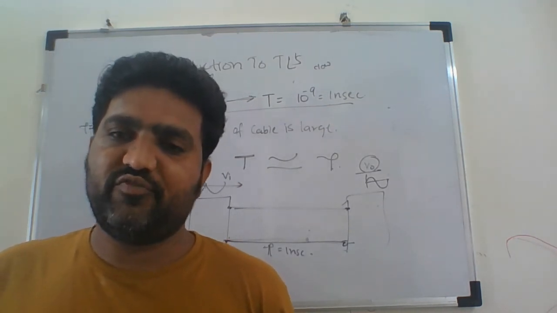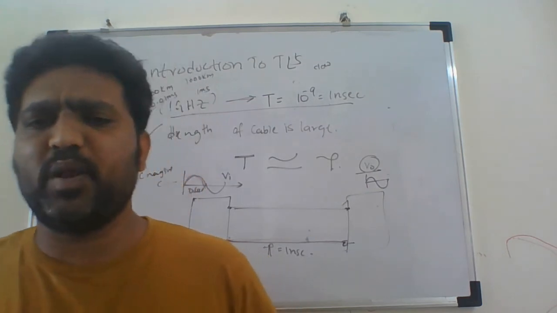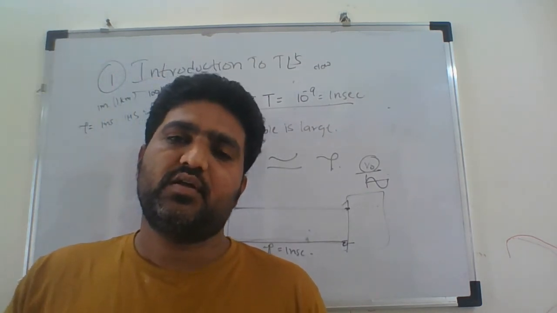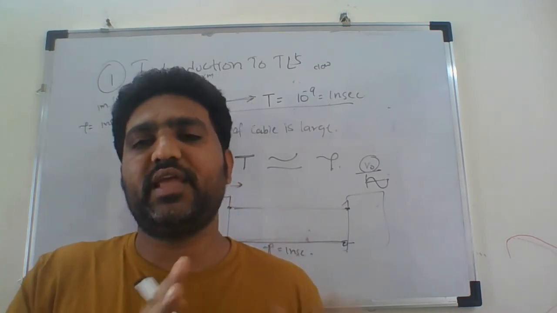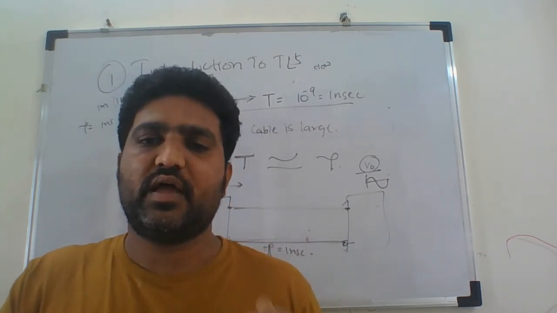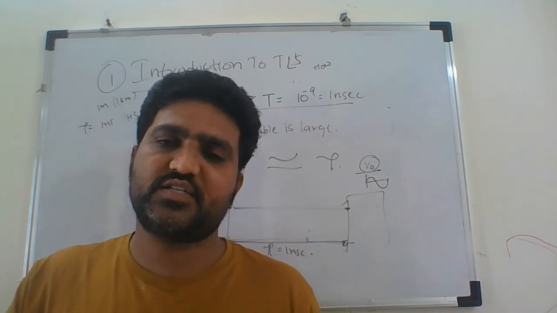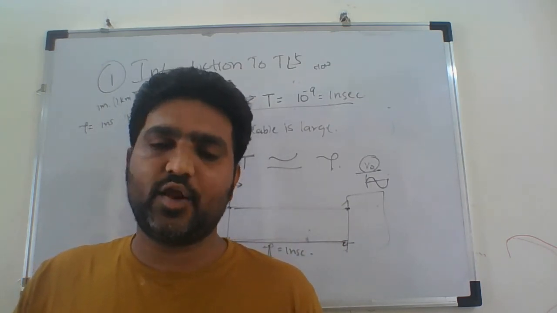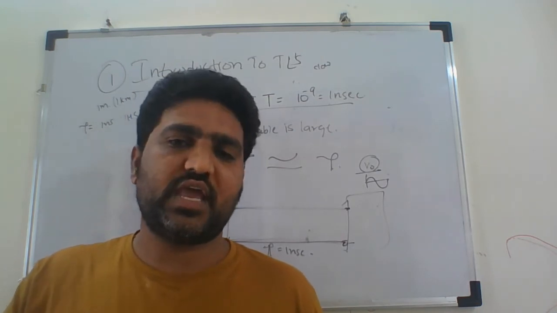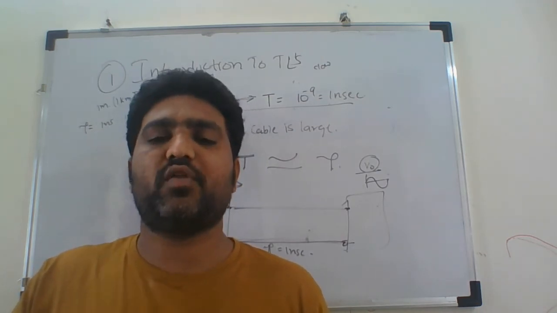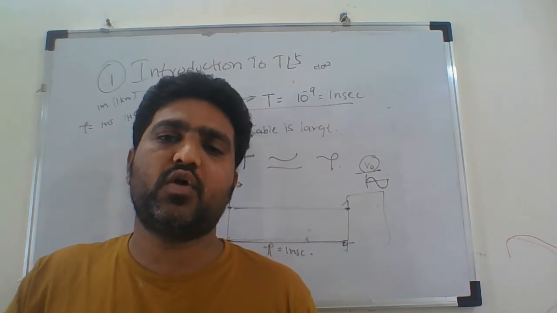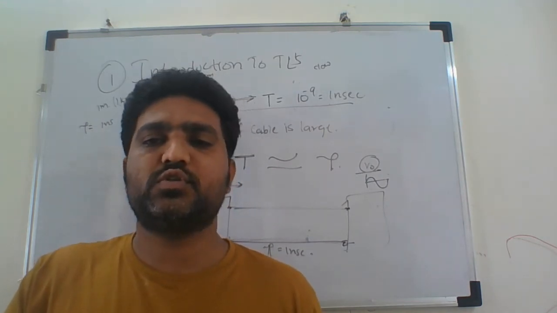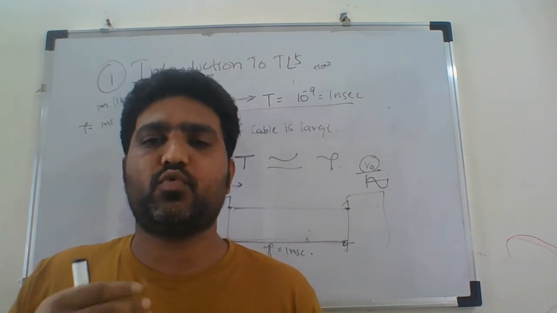The point that I would like to conclude is, whenever there is a signal of very high frequency, generally hundreds of megahertz or gigahertz, or whenever the length of the cable is very large, let's say in kilometers, we cannot neglect the wires or cables. Those also have a very important role to play.